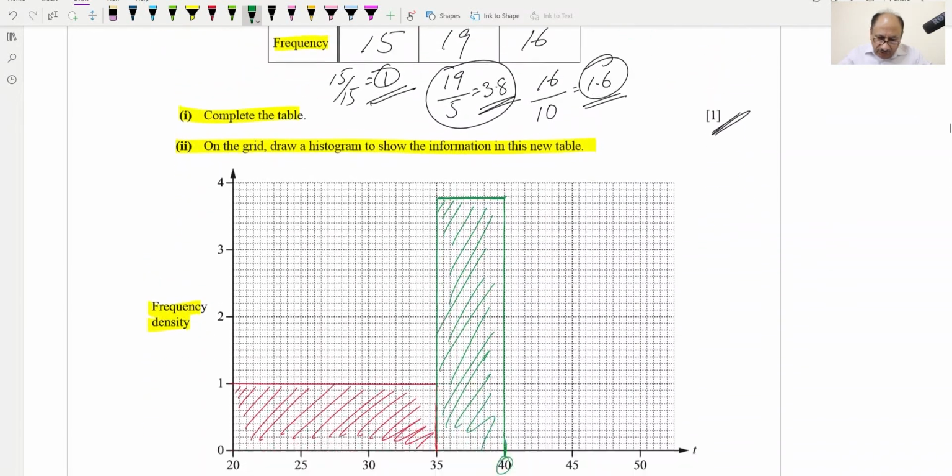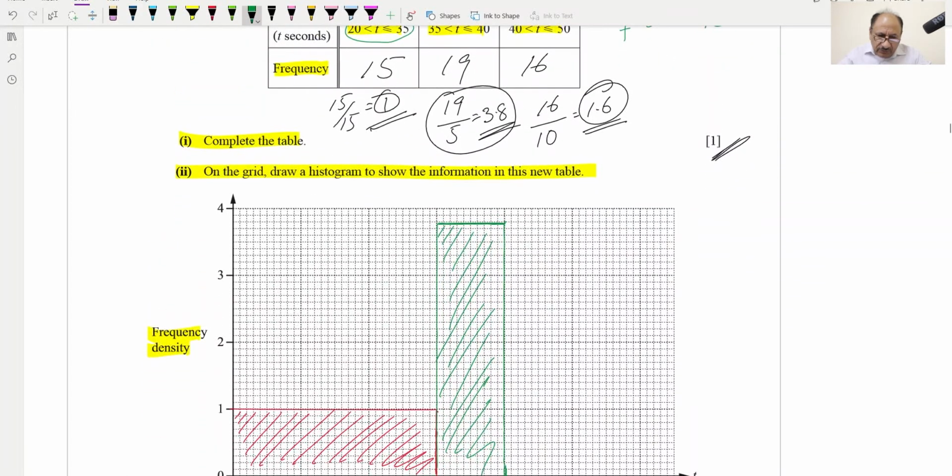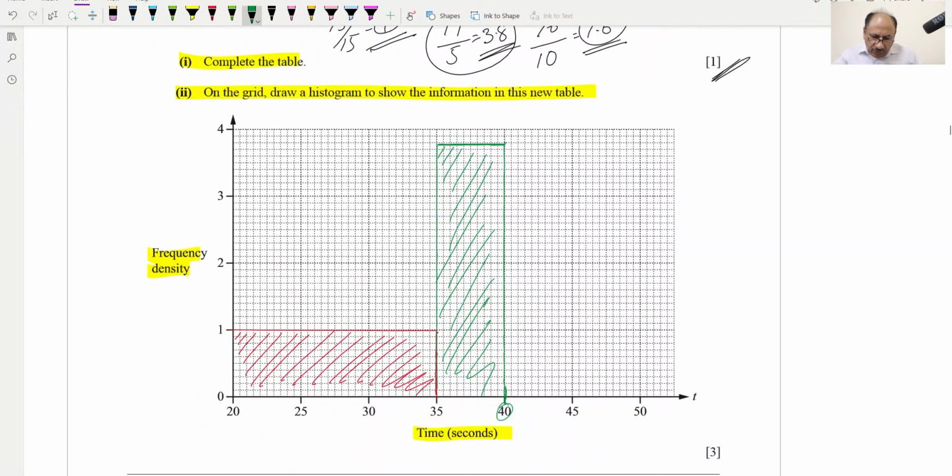And third is 40 to 50. So 40 to 50 is 1.6. 1.6 will be up to this point, and we can draw the bar like this one, and this will be the bar.